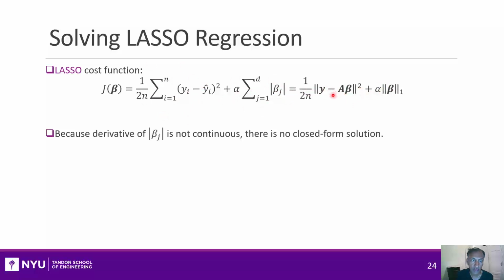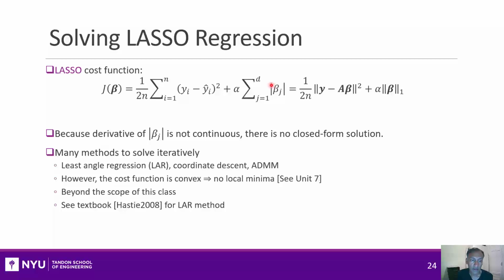The problem here is that the derivative of this term is not continuous. So there's actually no closed form solution, or at least not one you can get by setting the derivative equal to zero, like what you can do for ridge regression. But it turns out there are many methods to solve this iteratively.